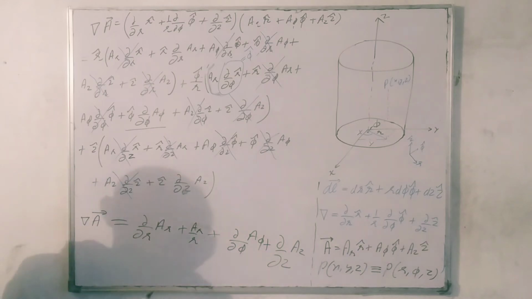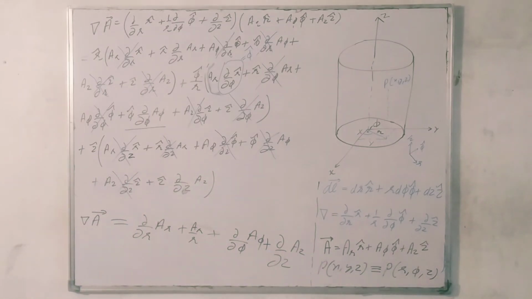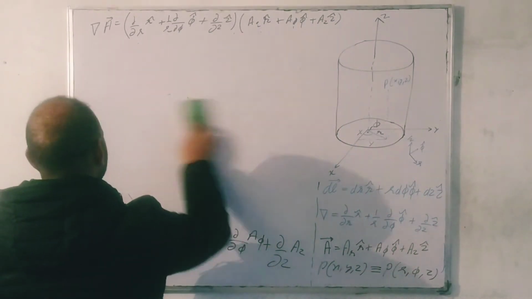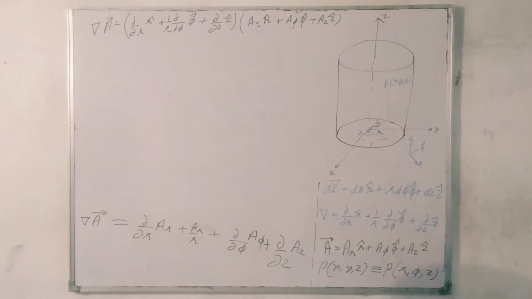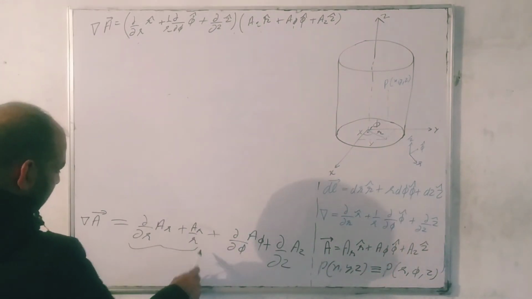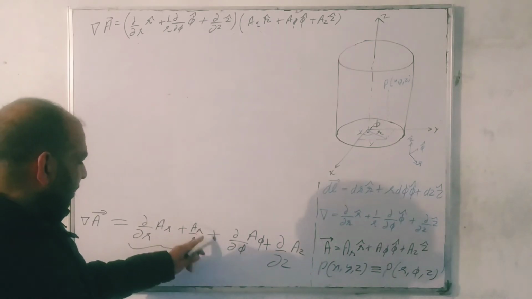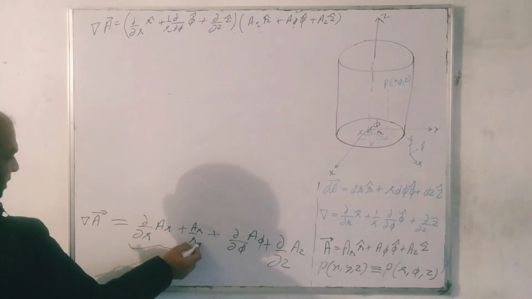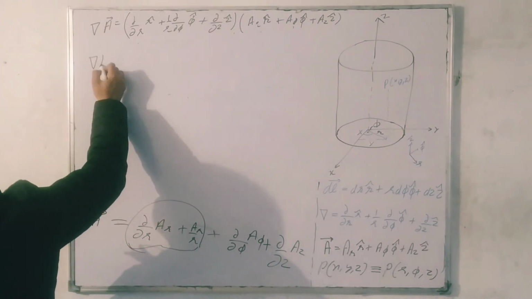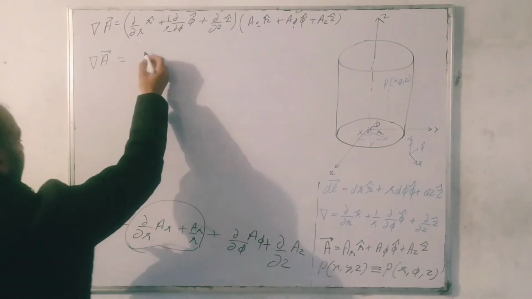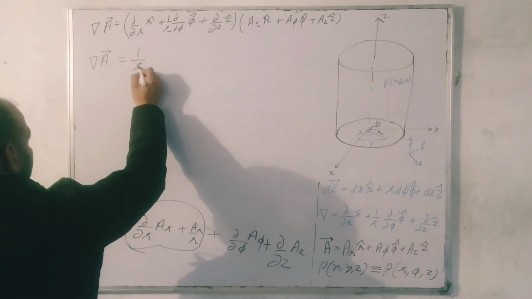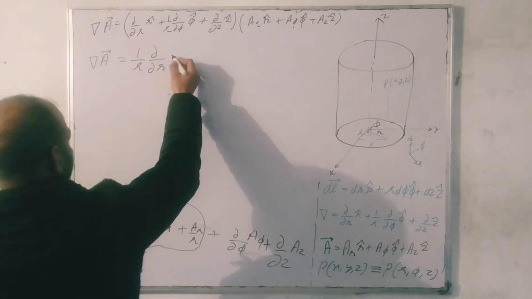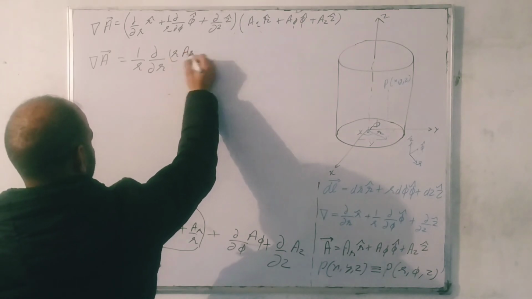So this is the divergence. Now we can modify it more. Let's erase it. These two terms contain the radial component of the vector, so I can write these two terms combined. Divergence of A is equal to 1/r ∂/∂r of r A_r.